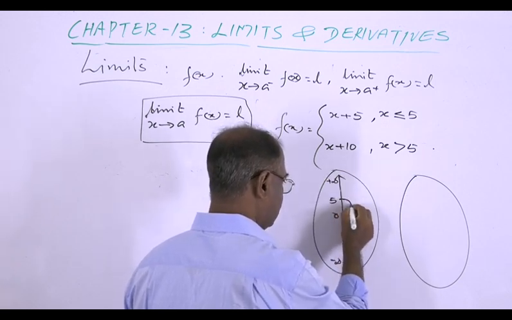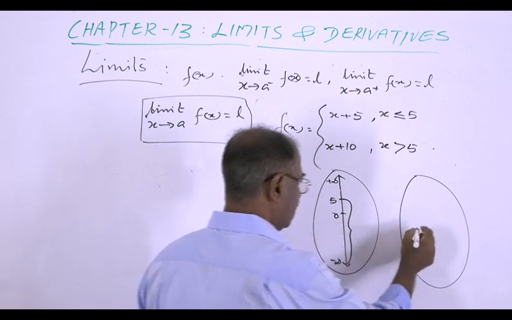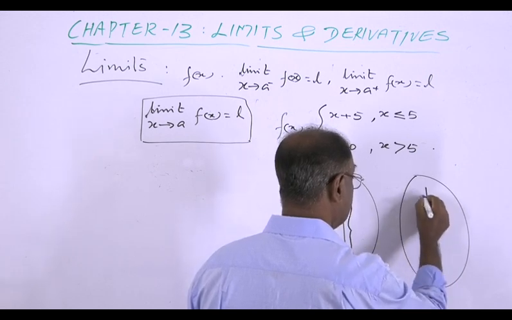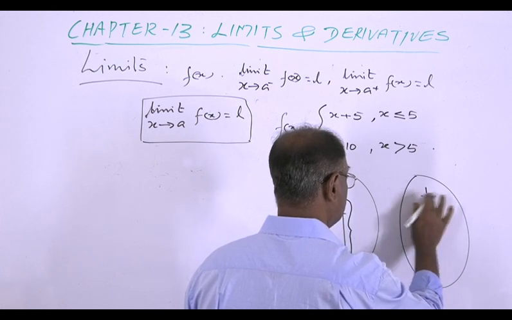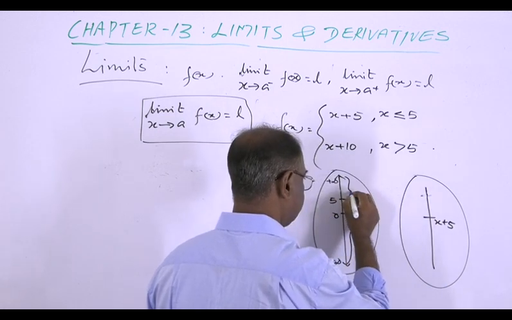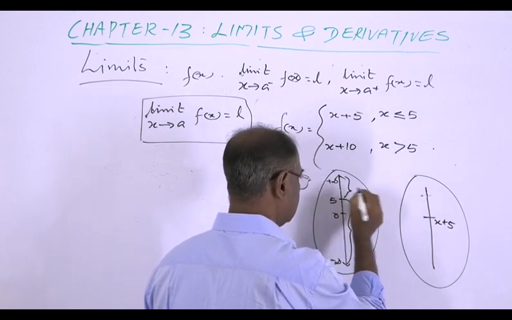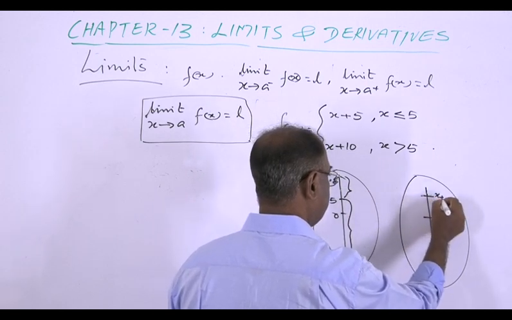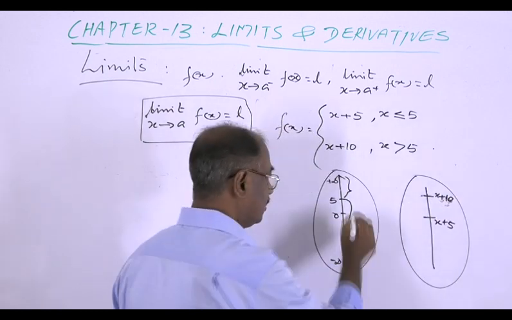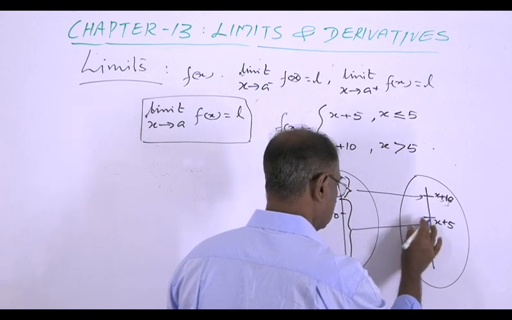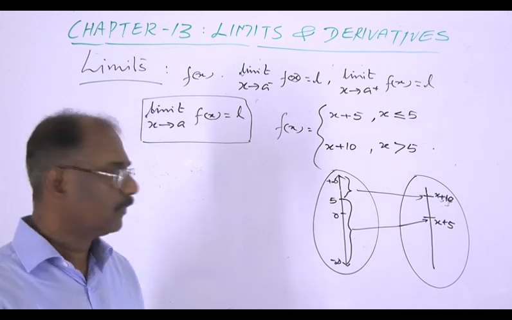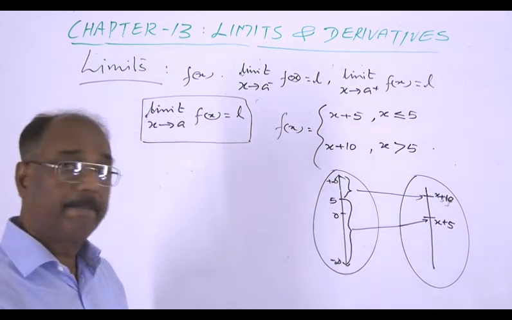Then these values, from 5 to minus infinity, are mapped to x plus 5, and these values are mapped to x plus 10. So this is the function.